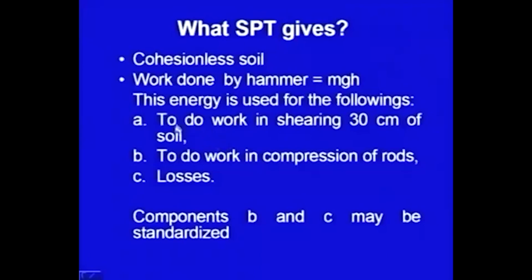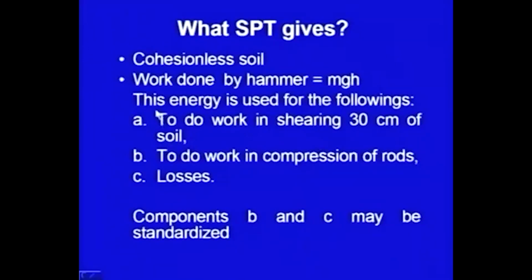The first component goes to the work in shearing 30 centimeter of soil. We have recorded total N for 30 centimeters, and for shearing 30 centimeter of soil, there must have been some energy, so there must have been some work.